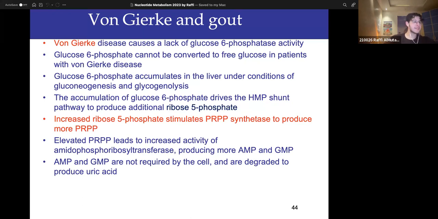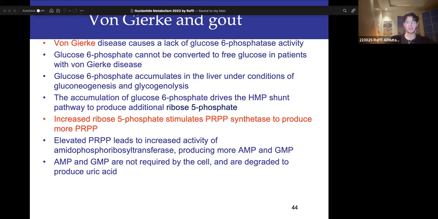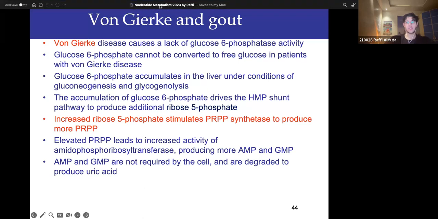The problem is these are nucleotides we don't need, and if we don't need something, we break it. When you break a nucleotide, what will we make? Uric acid, very good. Because of this, in von Gierke disease, they're more prone to have gout because they'll have hyperuricemia. That's essentially what they want. That's the gist of the situation.